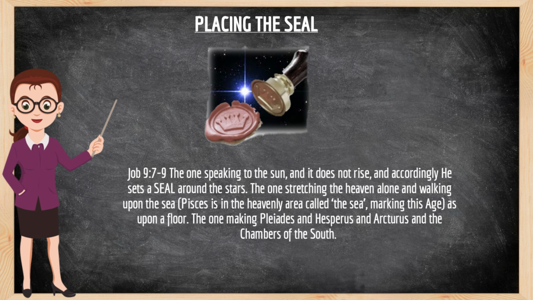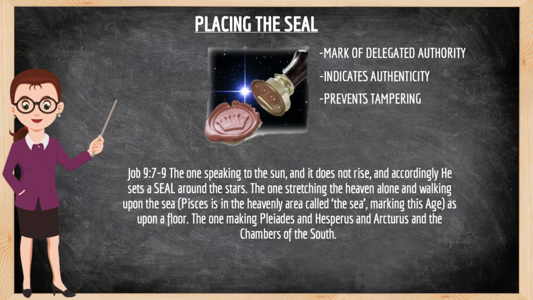So what is the meaning of Yahweh sealing the stars? At first we may think that he is closing them up, but it is deeper than that. A seal is a mark of delegated authority. It indicates authenticity and prevents tampering. A seal also serves to protect or bind the contents beneath it.